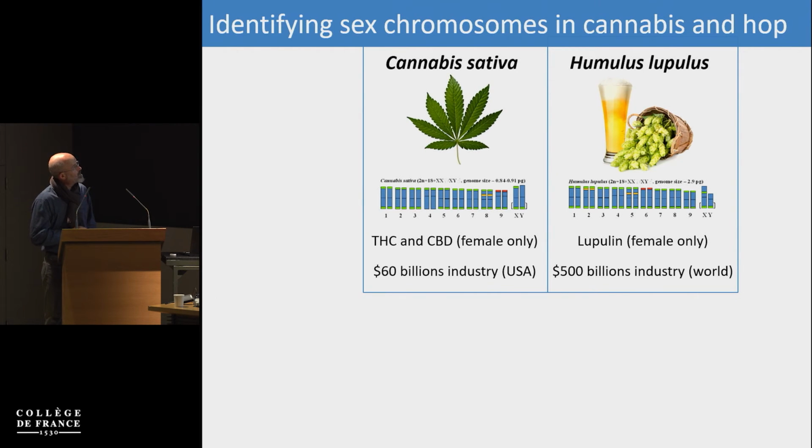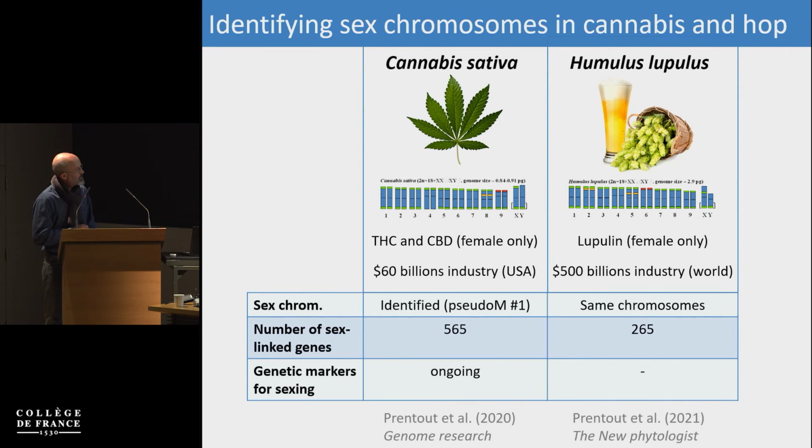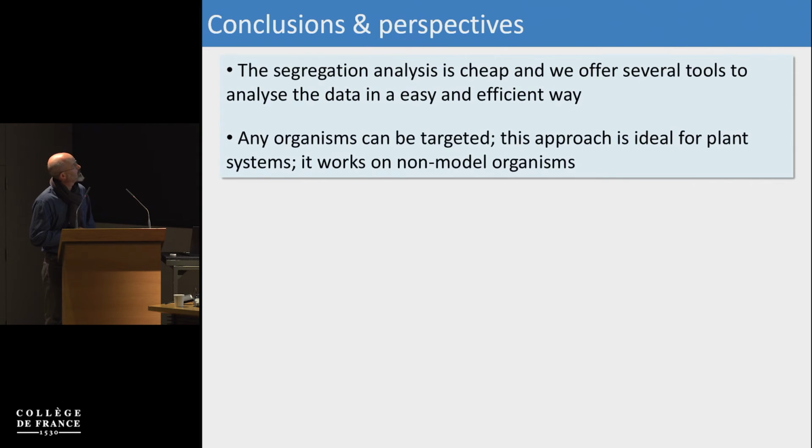Okay, so we also tried to develop some genetic marker for sexing, but I'm not going to tell you more about that. I wanted to just conclude saying that this sex detector tool and this segregation analysis approach is really cheap and efficient. It can be used for any organisms.